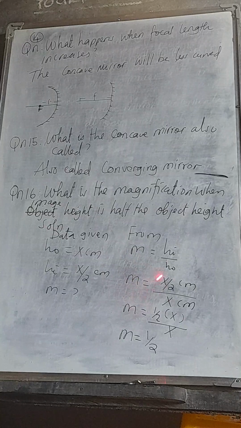So magnification is equal to x over 2 centimeter divided by x centimeter. The centimeters cancel. So finally magnification is equal to a half, x over x. The x and x cancel, and the final magnification is equal to a half. There is no doubt on that.